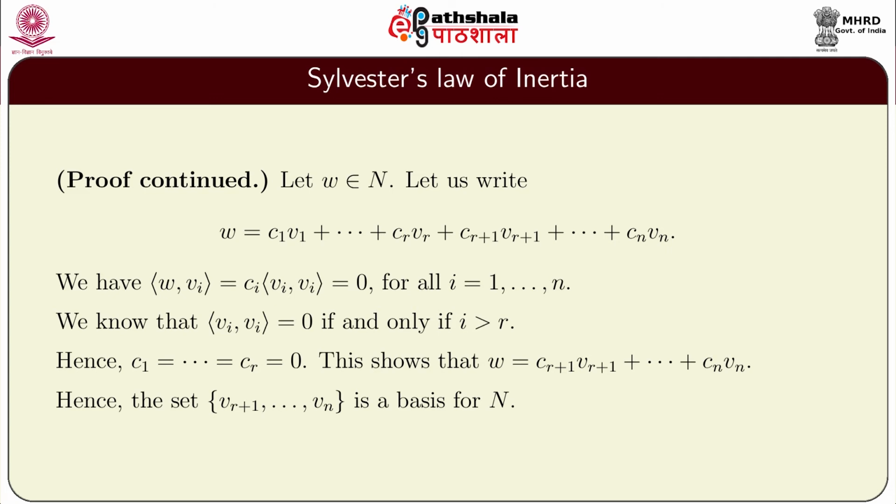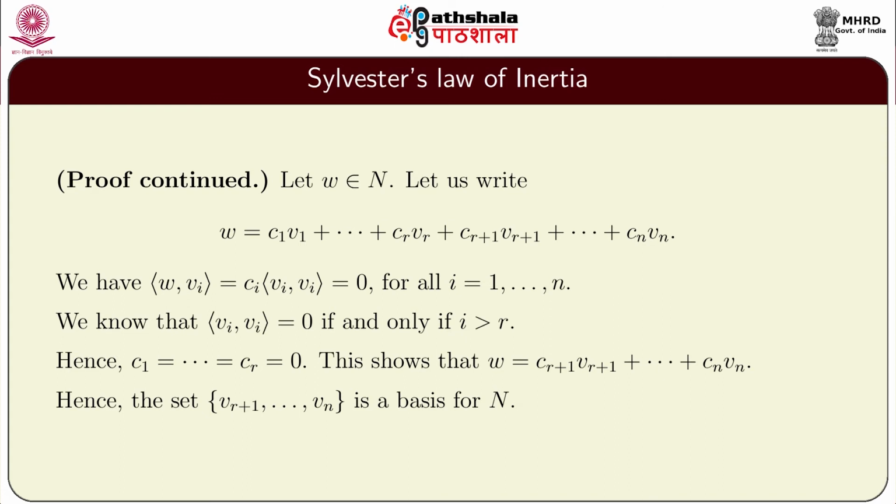Our aim is to show that C1, C2 up to CR, these scalars, are 0, which would reduce this expression to W equal to CR plus 1 VR plus 1 and so on up to Cn Vn, and that would prove that the set VR plus 1 and so on up to Vn is a basis for the null space N. Now, how do we get that?